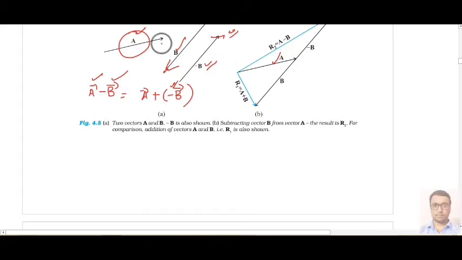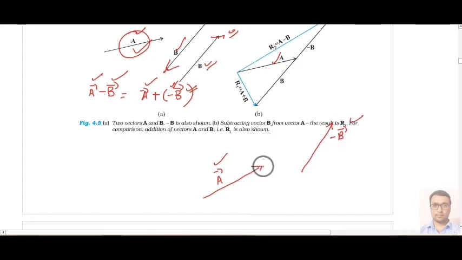Now we have to add these two vectors, vector number 1 that is A and vector number 2 that is negative of B. So how will we add it? First of all, we will draw vector A as it is. Then we will draw minus B vector, and we have to add these two vectors.